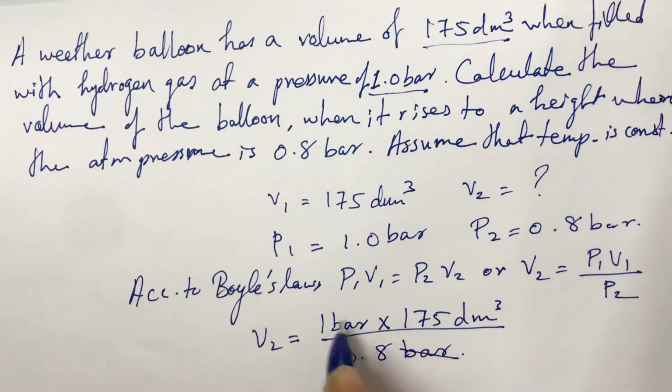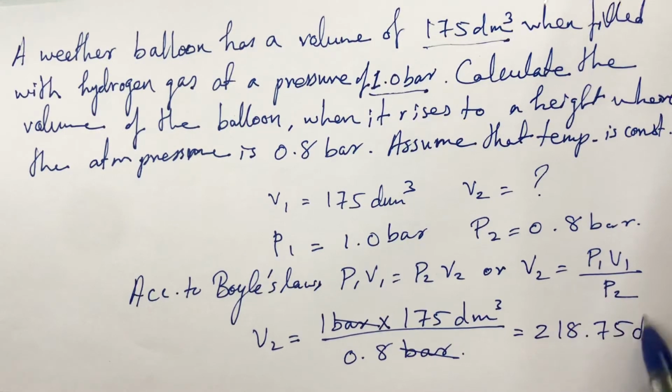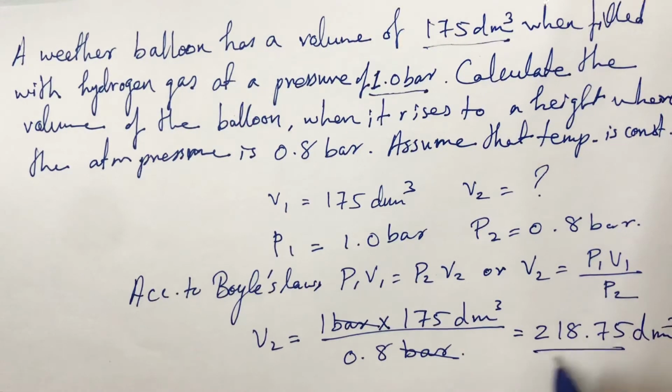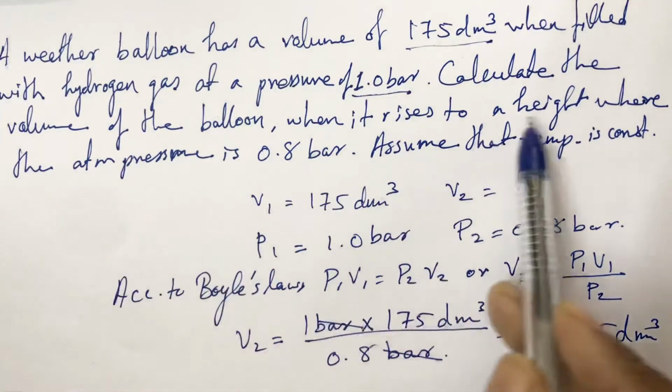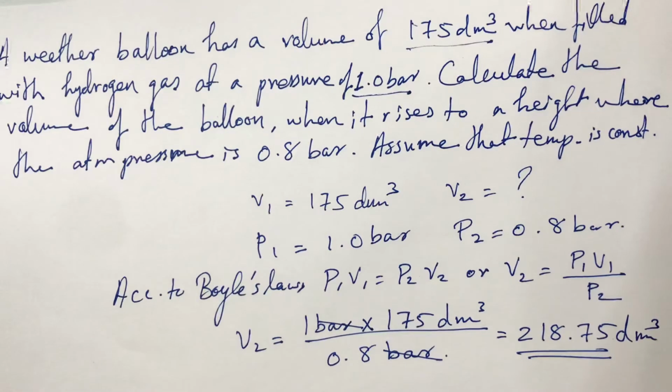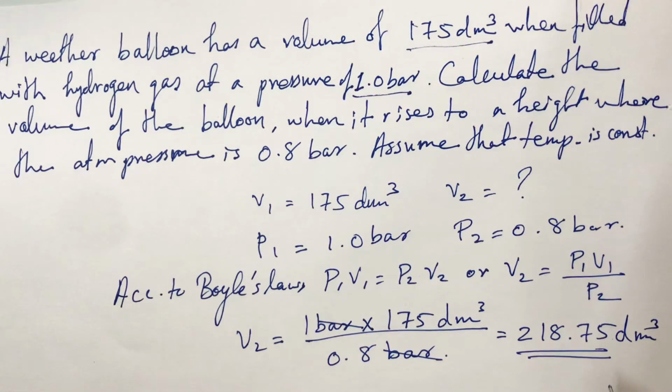Here bar and bar you can cancel. So while calculating we get V2 is equal to 218.75 dm cube. That is the volume of the balloon when it rises to a height of 0.8 bar pressure. Let's move on to the next question.